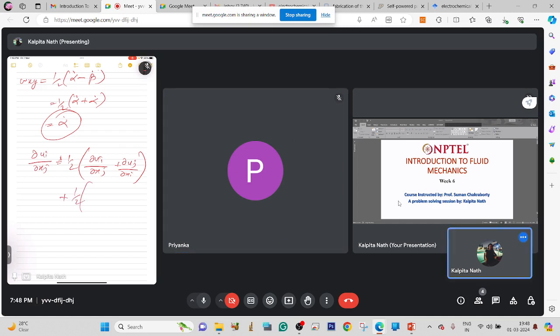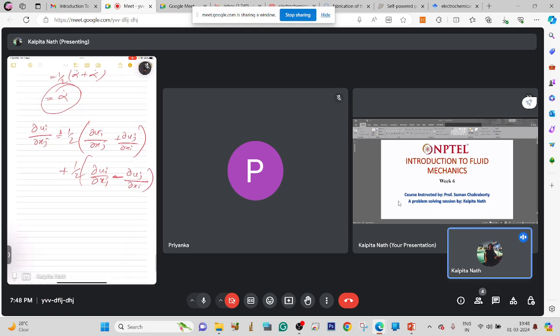So half of del ui, we are just doing the parametric analysis. So del uj, this is minus del uj del xi. So this is similar to what? This is similar to rotation. And this is similar to what? This is similar to deformation. That means this is epsilon ij and this is wij.